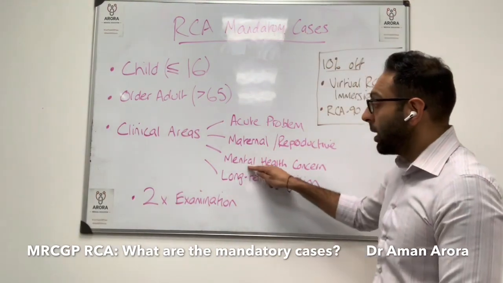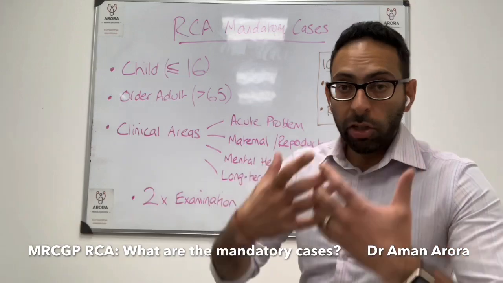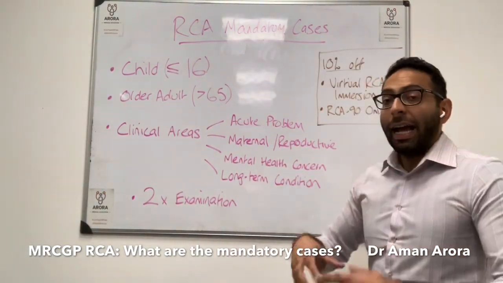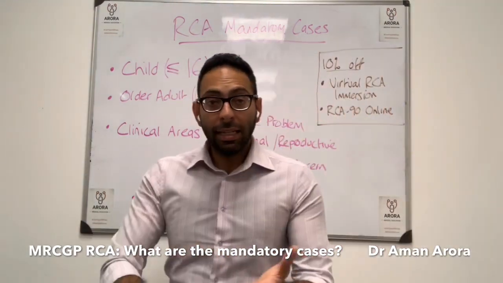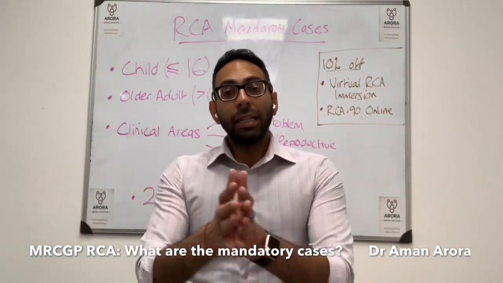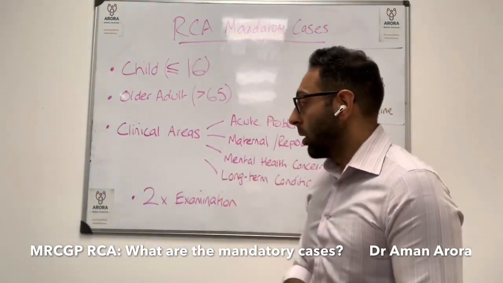At least one with a mental health concern, depression, anxiety. We see a lot in general practice when it comes to mental health, and at least one case must be of a long-term condition, something like cancer, multimorbidity, disability, for example, something that you can demonstrate has been going on for a while to show impact and how you manage those types of things.